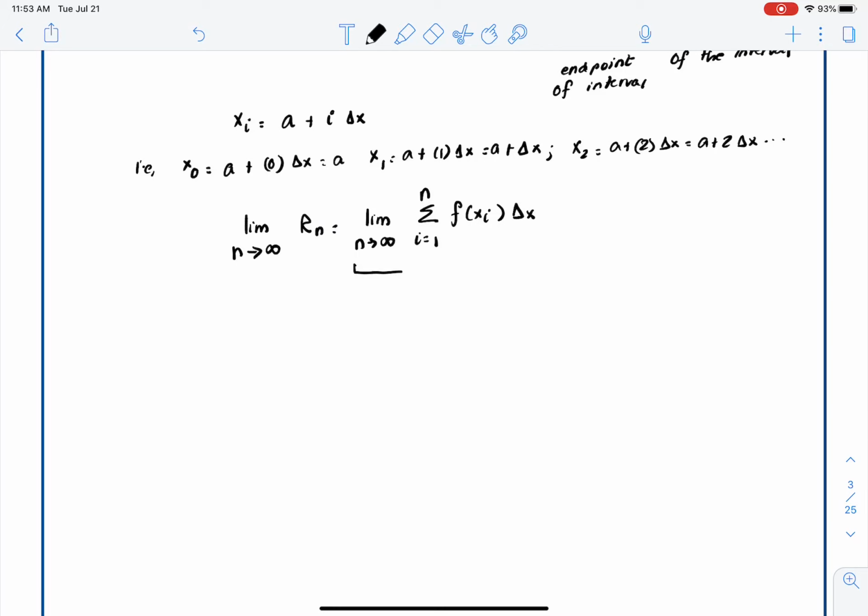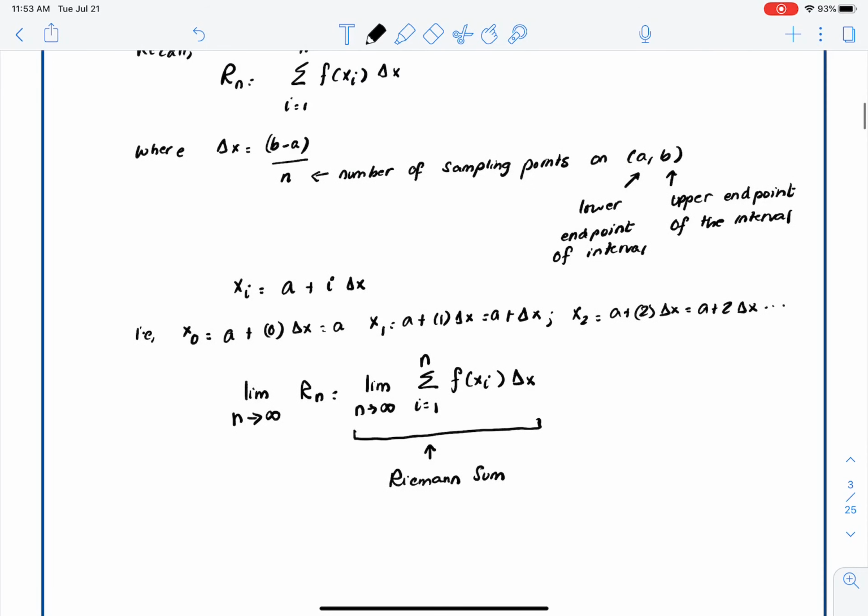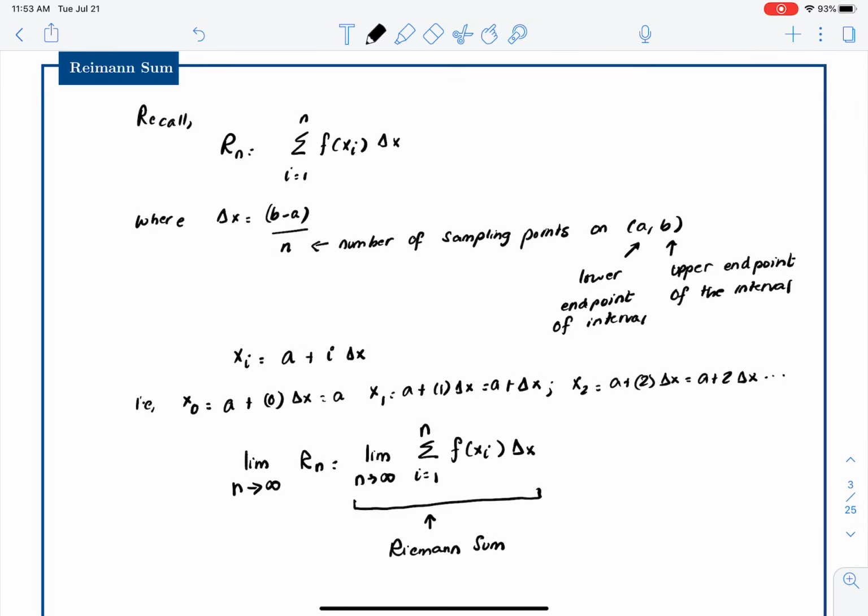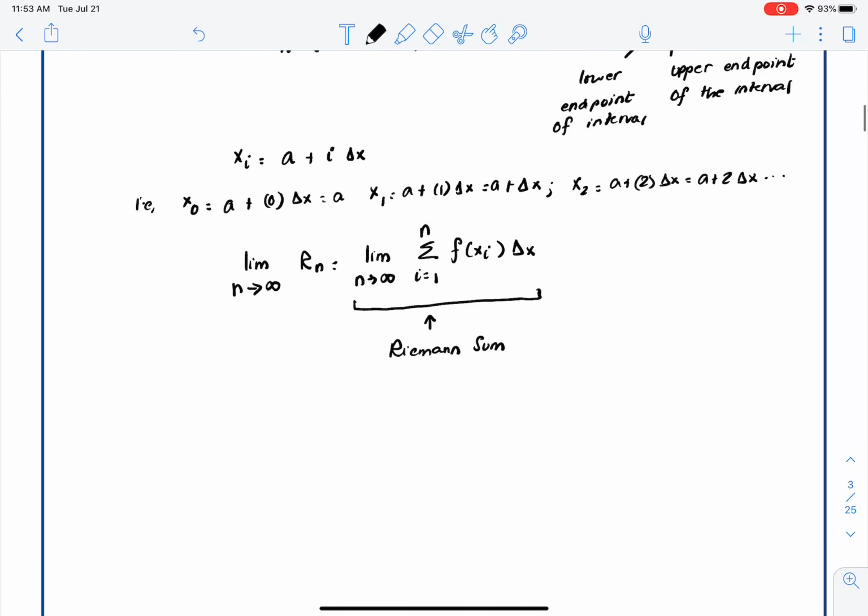Now this sum is what we call the Riemann sum. And what would that equal if we define it in this way? Then this would simply equal the integral from a to b of f of x dx.